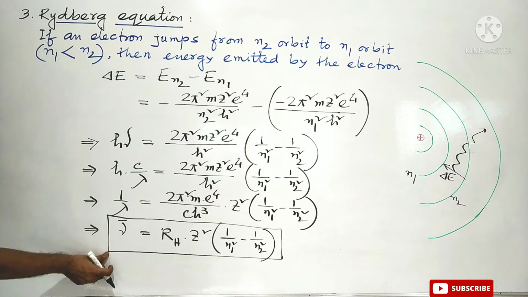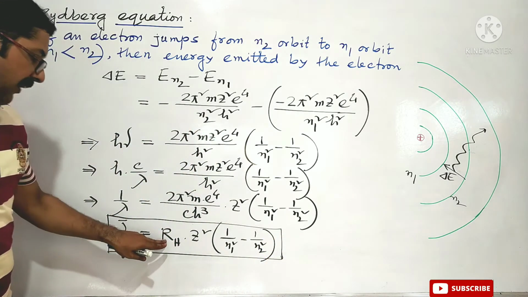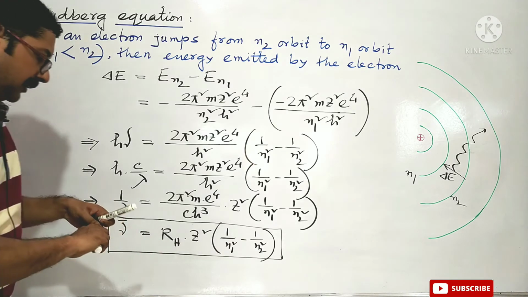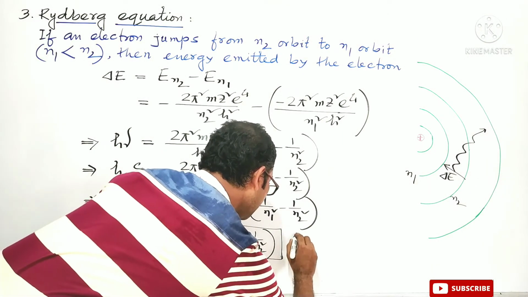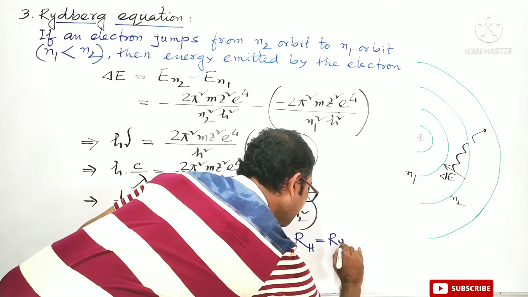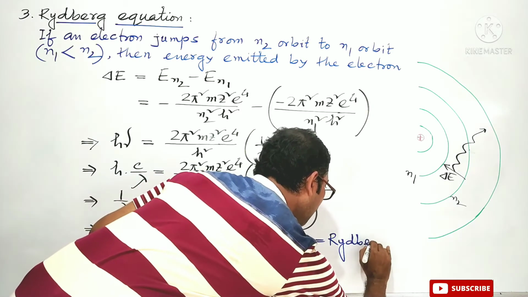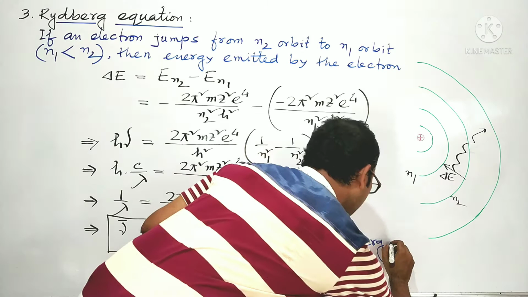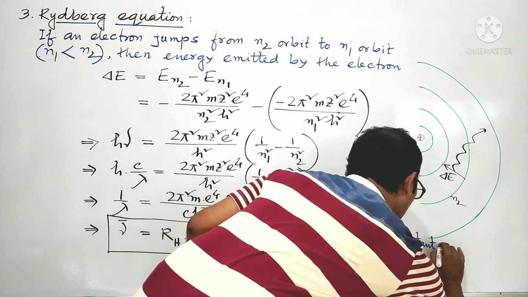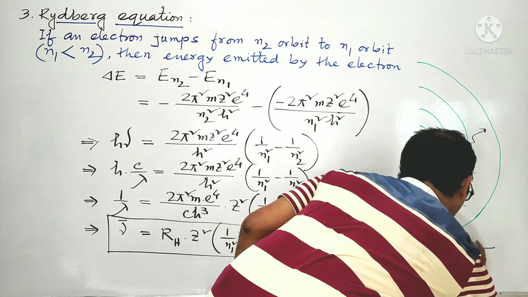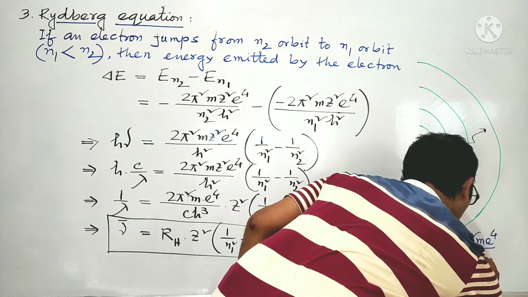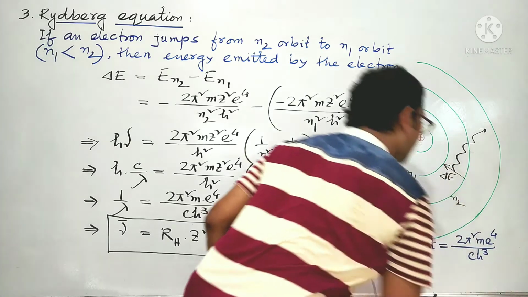Here this RH is known as the Rydberg constant, which is equal to 2 pi square m e to the power 4 by c into h cube, right?